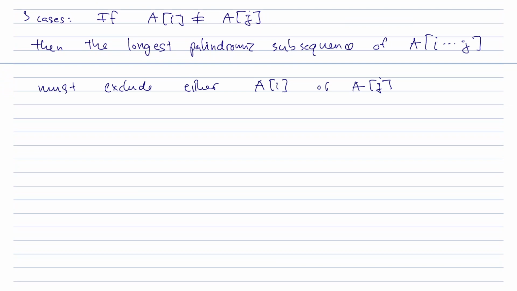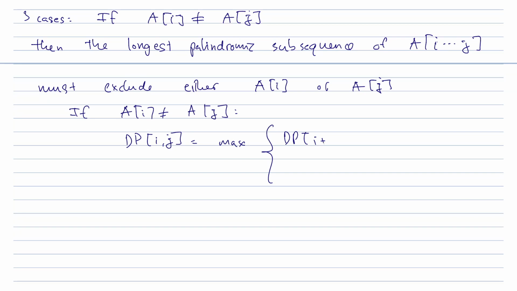So in this case, if A_i is not equal to A_j, what we'll have is that dp[i][j] is equal to the larger value between dp[i+1][j] or dp[i][j-1].